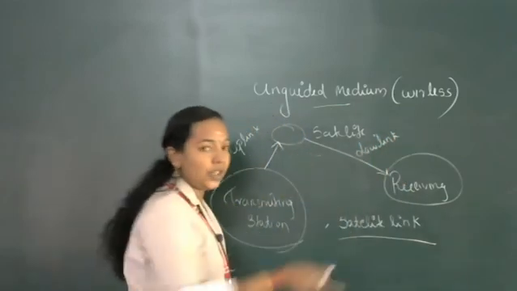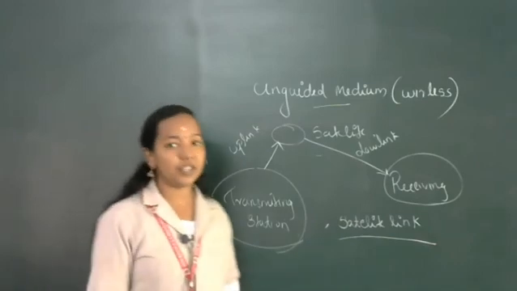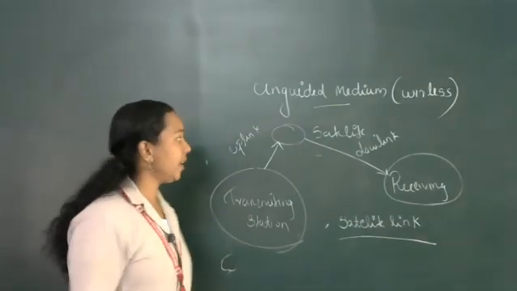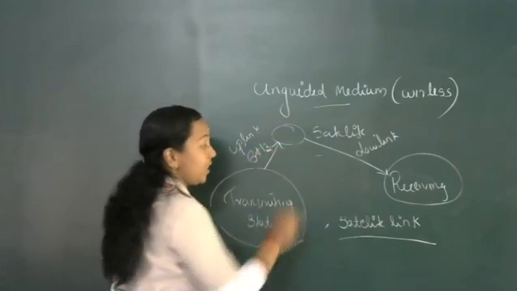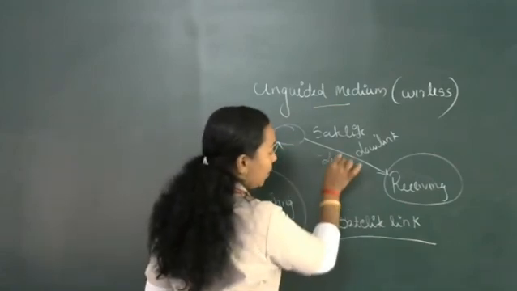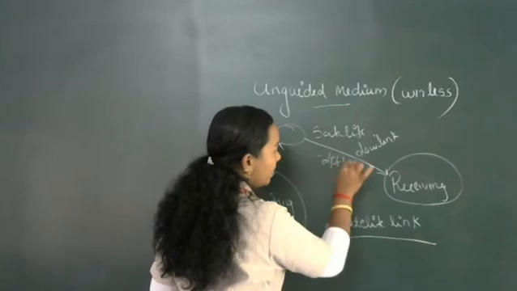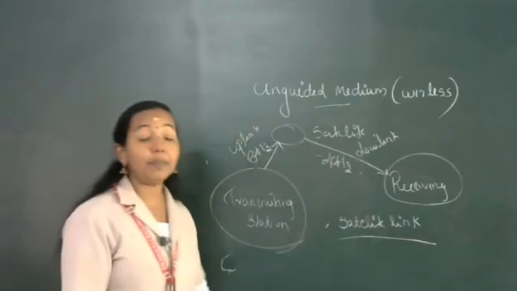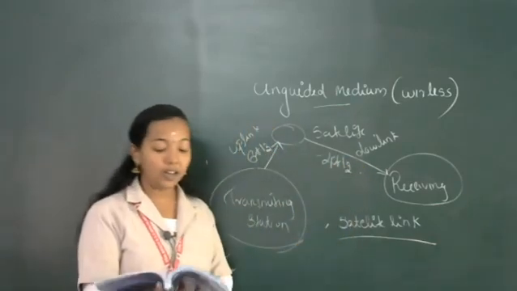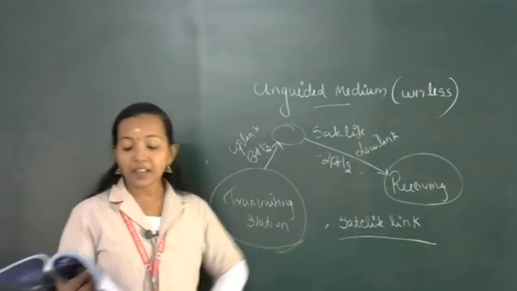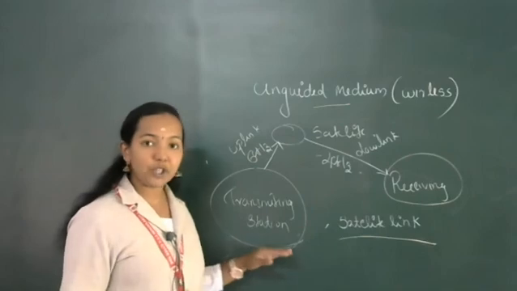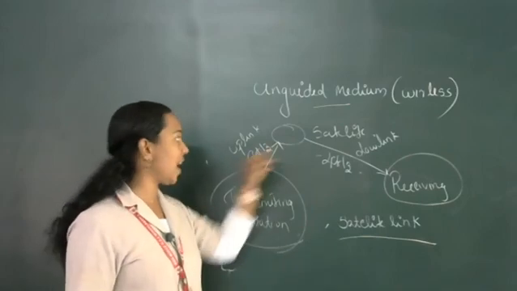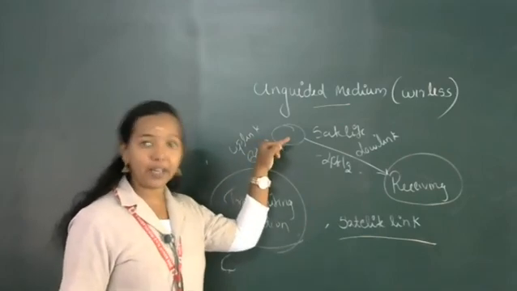We can transfer data to the receiving station. Downlink frequency: if uplink frequency is 6 gigahertz, then downlink frequency will be 4 gigahertz, because uplink frequency is higher than downlink frequency. Transmission of signals from Earth to satellite is known as uplink.